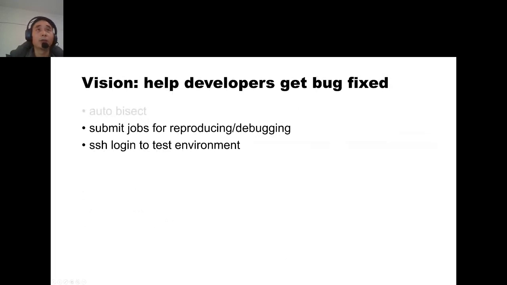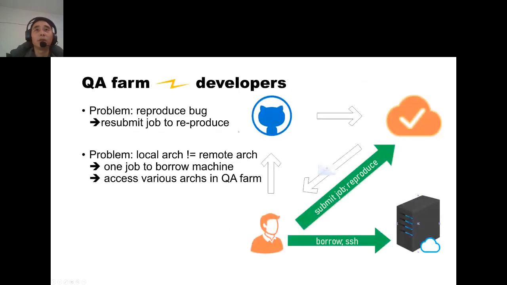Besides bisect, there is also a bigger requirement for how to effectively reproduce or debug a bug. In many test frameworks like Travis, if you push code to GitHub, then it will do the test for you and report back. That's the typical loop.